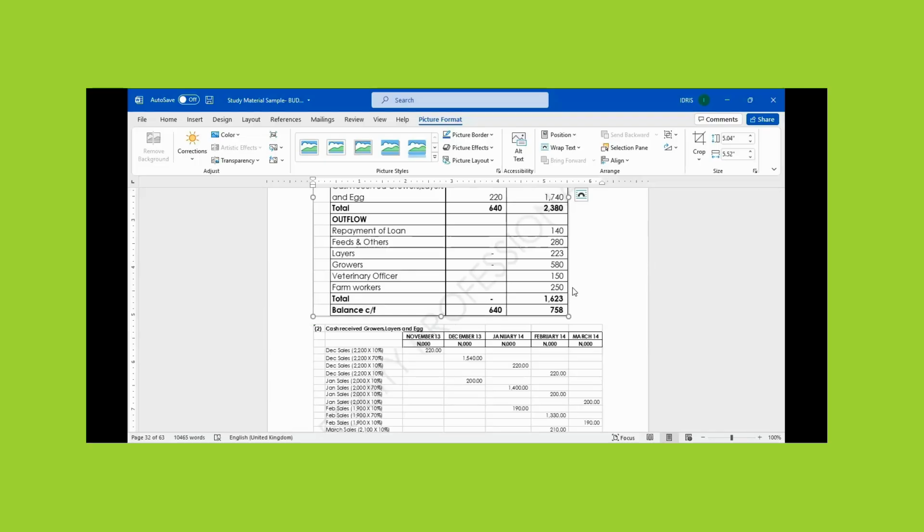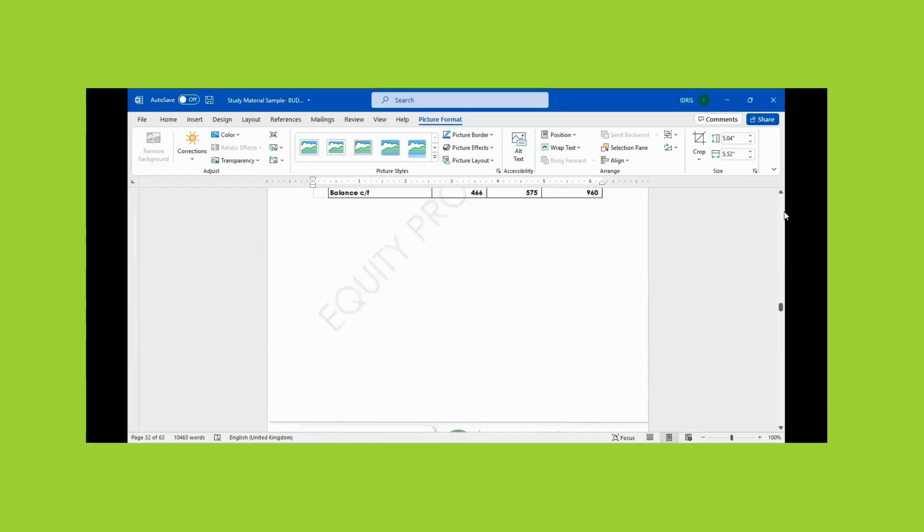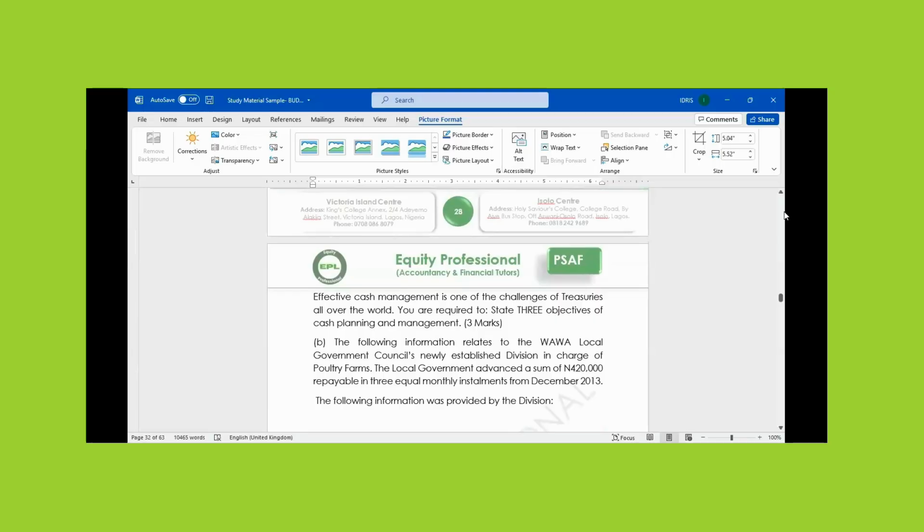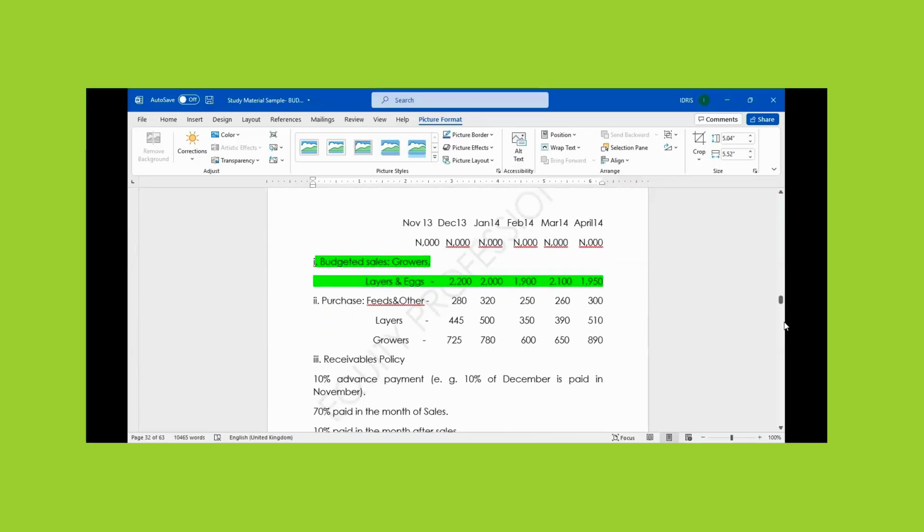Can we all see it under the outflow, working note 1? But the policy says feed and others are paid immediately.